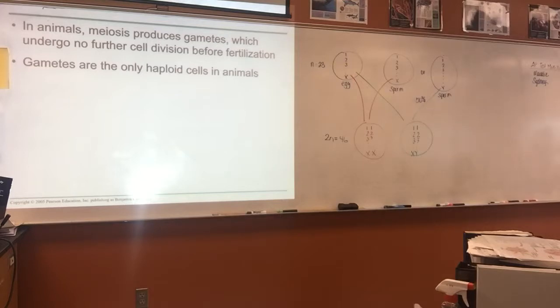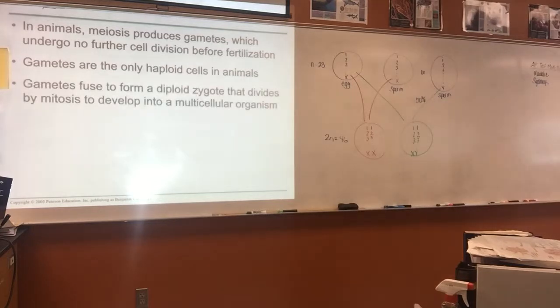Gametes are the only haploid cells in animals. And they fuse to form a diploid zygote that divides by mitosis to develop into a multicellular organism.